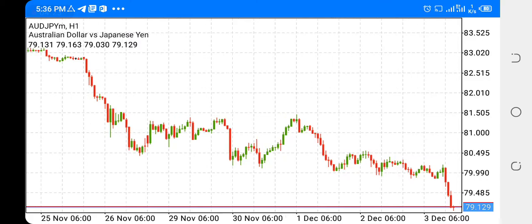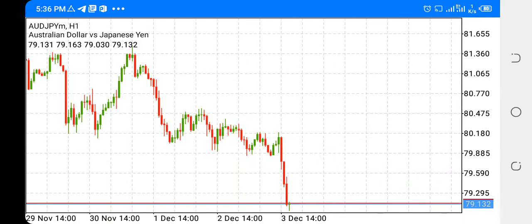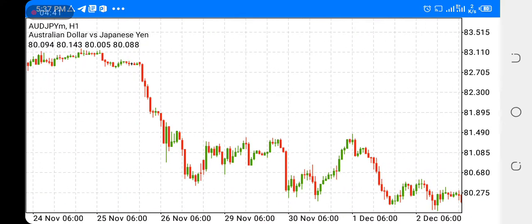Okay, so it's very important. I am more familiar with only 4 candlestick patterns for now, which are the hammer, the shooting star, the bearish engulfing, and the bullish engulfing.